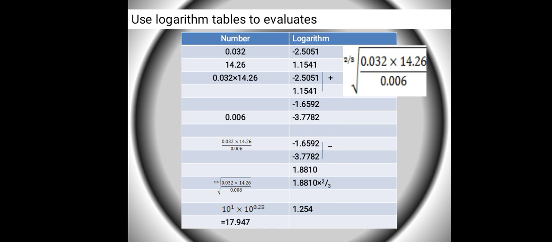Now subtract from the data, we get 1.8810. Now get the square and the cube root by multiplying the results by 2/3. We get 1.254. Get the antilog of 1.254. The result is 17.947.